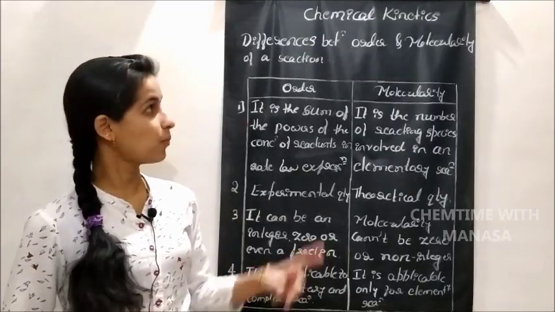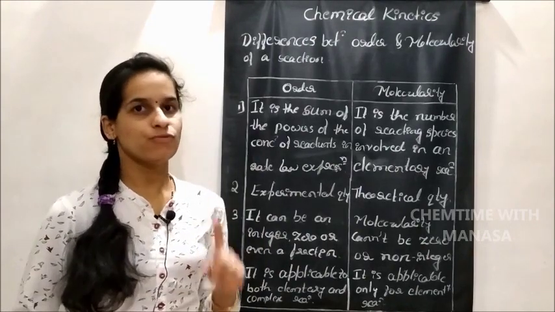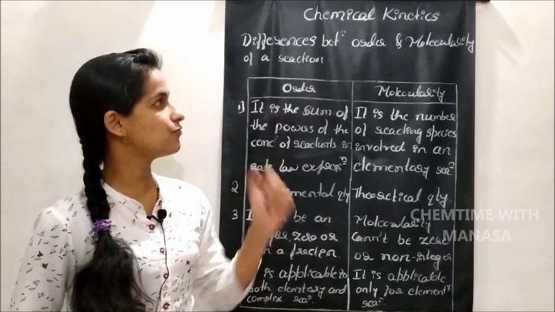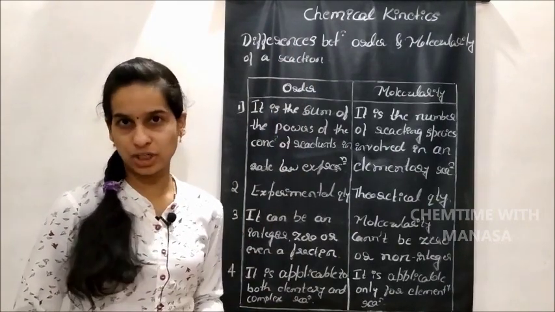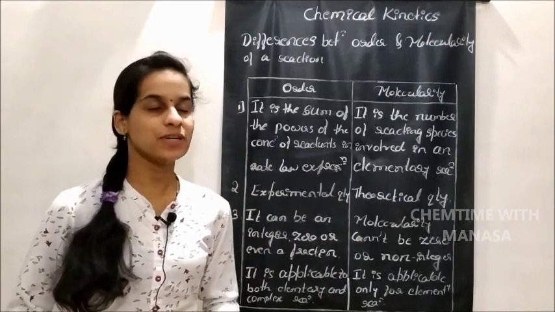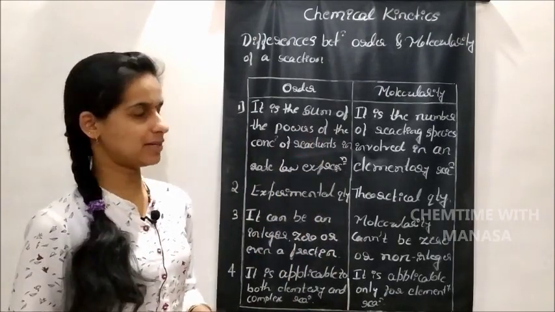Dear friends, from Chemical Kinetics chapter, in case of 2 marks question, one frequently asked and important question is, write the differences between order and molecularity of a reaction. In case of differences, first let us consider the definitions of order and molecularity.